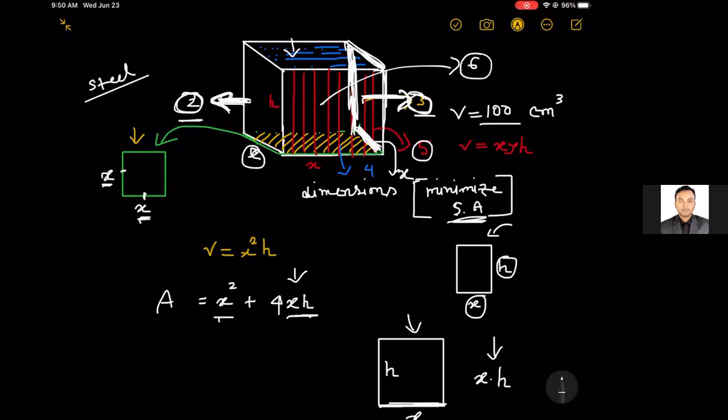It is the surface area for this particular problem. Any question from this? Any question? No questions at all?